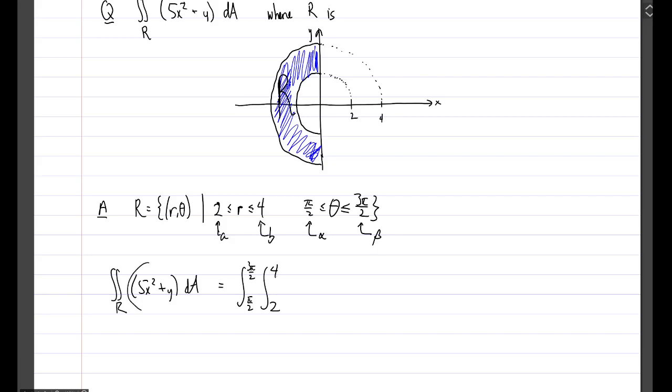Instead of writing 5x squared plus y directly, we replace the x with r cosine theta, so r cosine theta, quantity squared, plus y replaced with r sine theta. Then the dA gets replaced with r dr d theta.